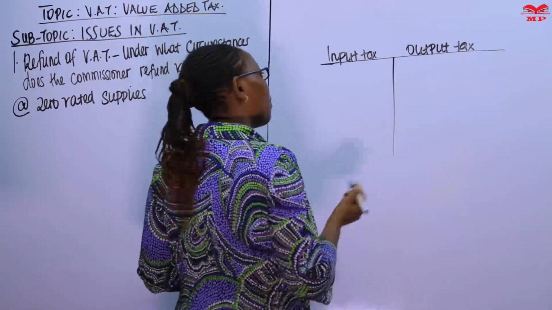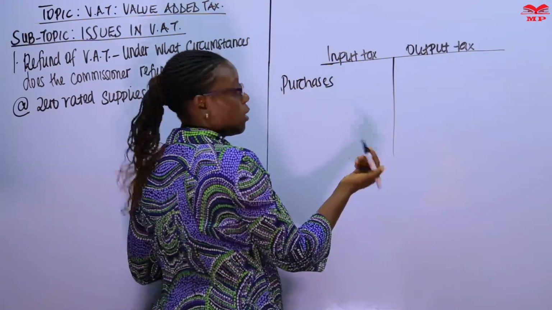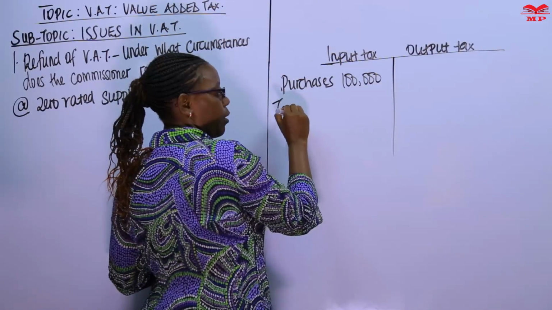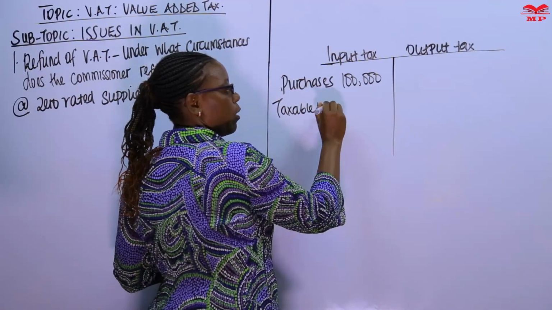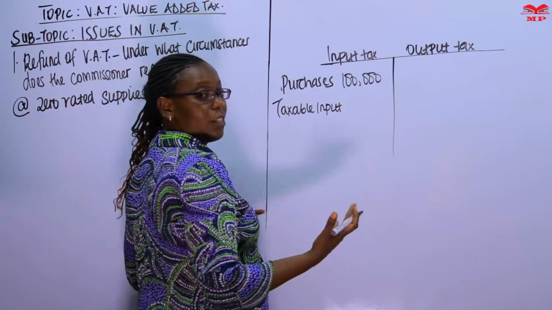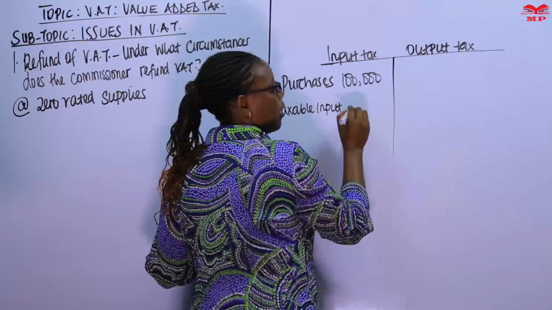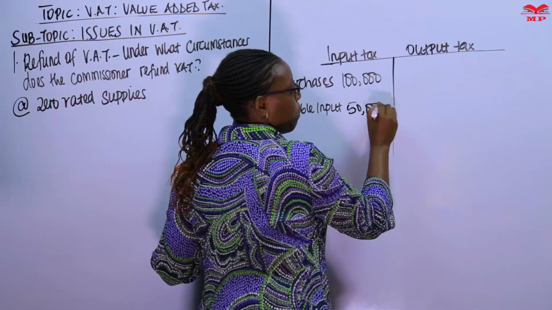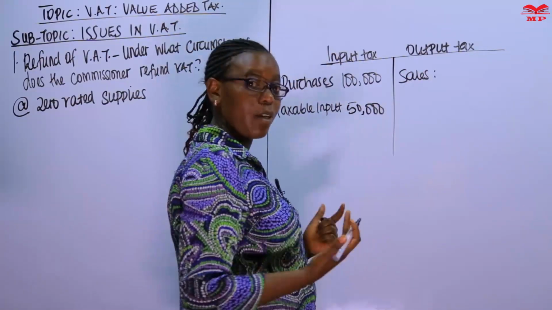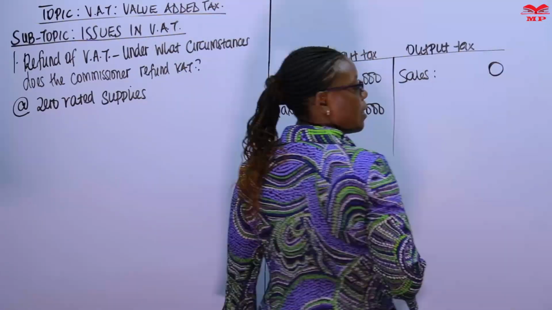So you will have had purchases here. You've made purchases, and let's say on your purchases you paid 100,000 as VAT. Then you had other taxable inputs, for example, rent, commercial rent, electricity, telephone, audit, management consultancy services. The total of that, let's say it was 50,000. But on your sales, all your sales were zero rated, or a very big proportion of your sales were zero rated. So you collected nothing.